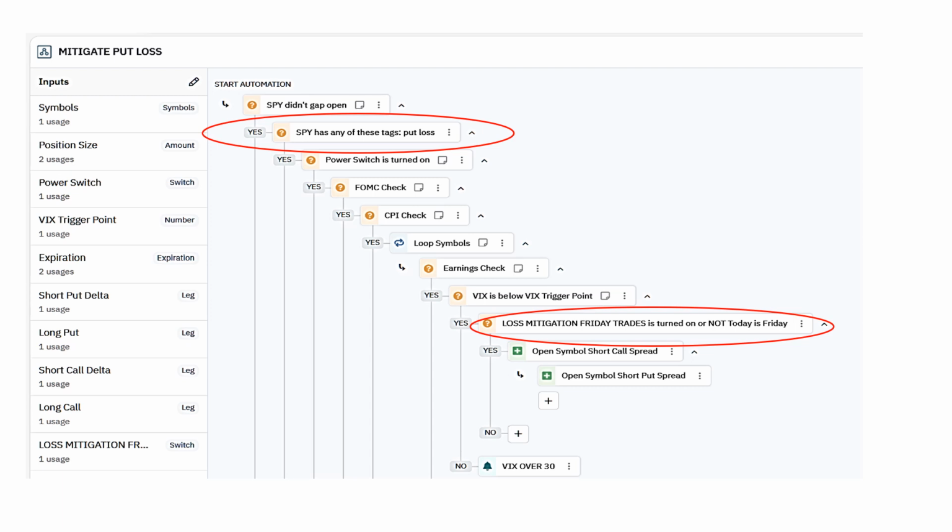If the switch is turned on or it's not Friday, we proceed to set up an Iron Condor to expire on the next trading day in an attempt to counter any loss. This process is what necessitated the increase in the number of trades per day to 2 and the total number of trades to 4.